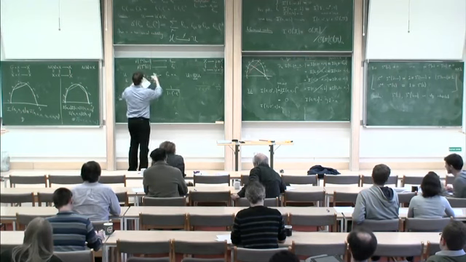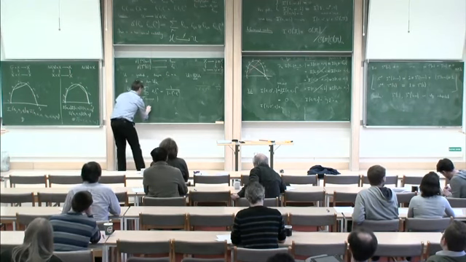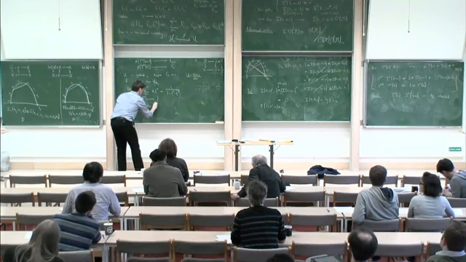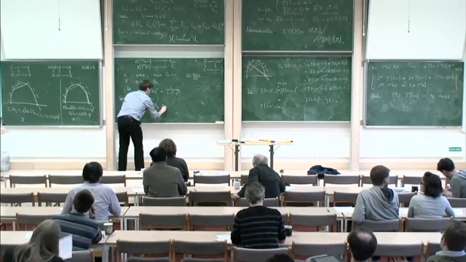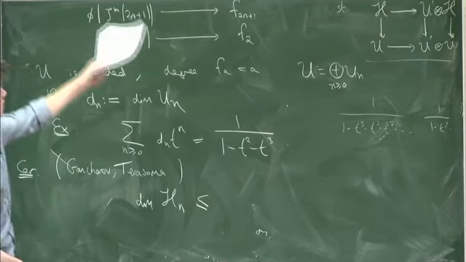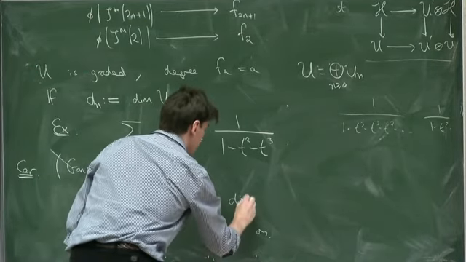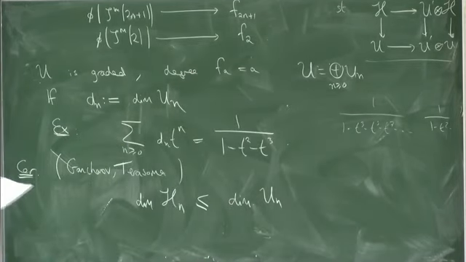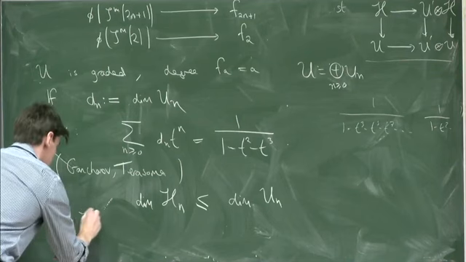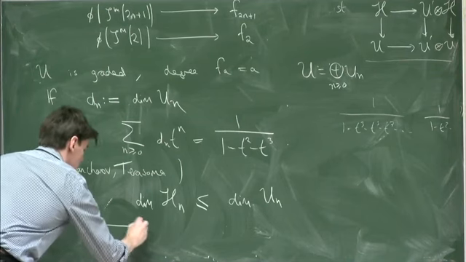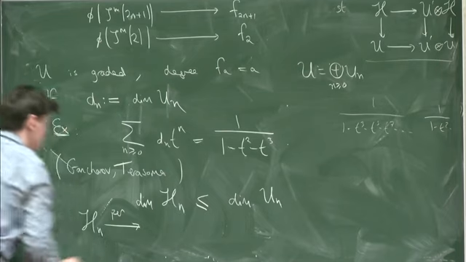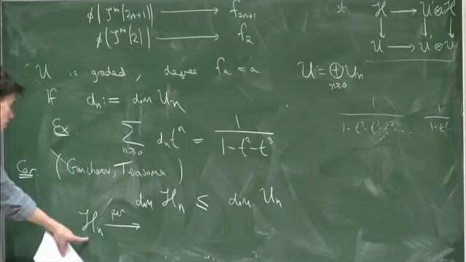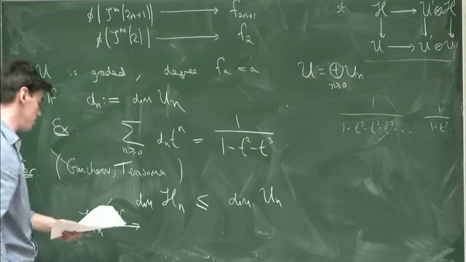So what we get from the fact that there's a canonical embedding is that the dimension of H_n, because it's embedded in U, is at most the dimension of U_n for all n. On the other hand, we have a surjective period map, and the period of every element here is a multiple zeta value.